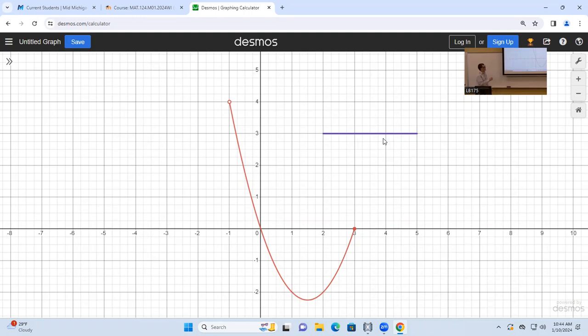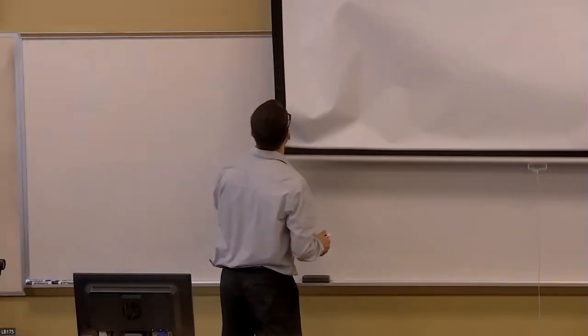Now, there is a formal definition of increasing and a formal definition of decreasing. I'll write this down, but I'm not going to spend a lot of time on it.